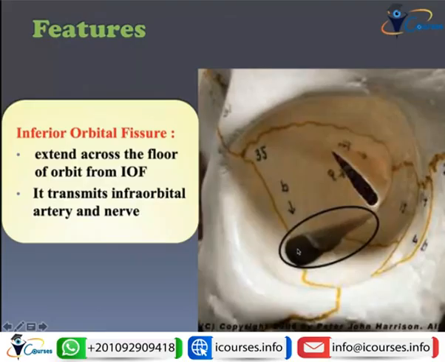The inferior orbital fissure extends across the floor of the orbit until it reaches the superior orbital fissure here. So there is an inferior orbital fissure and a superior orbital fissure. Its function is to transmit the infraorbital nerve and artery, which emerge from the infraorbital foramen of the rim, as we said earlier.